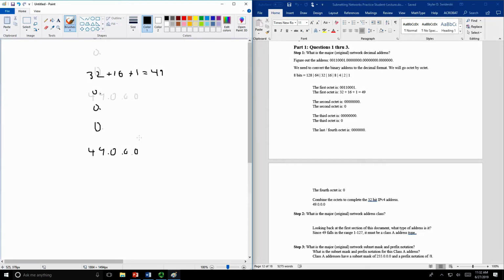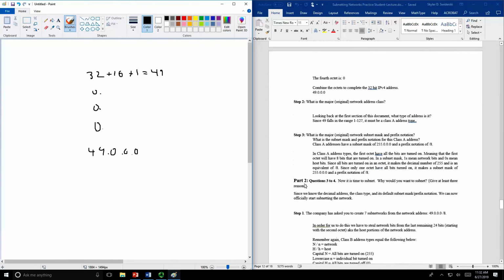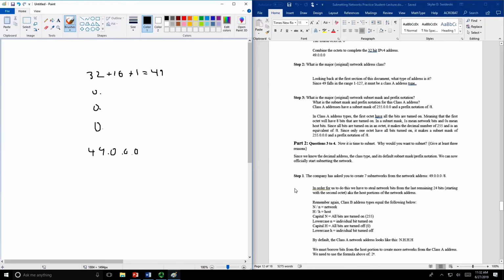Because the first number is 49, we know that it's a Class A address because it falls into the range of 1 to 127. Remember that Class A technically ends at 126, and 127 is just a loopback address, a returning address, but 127 is still a Class A address type. Anyway, 49 does fit into that range, so it is a Class A address.